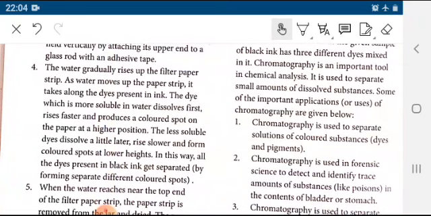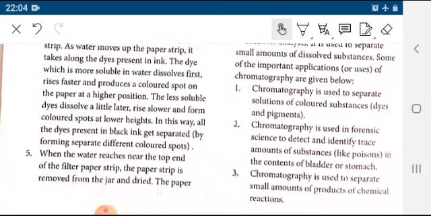See, the substance or the solid which is at the higher position give us the information that it is more soluble, therefore it is traveling faster. The less soluble will be slower and at a lower height. So this is the method and it is used for separating colored substance. It is used in forensic science.